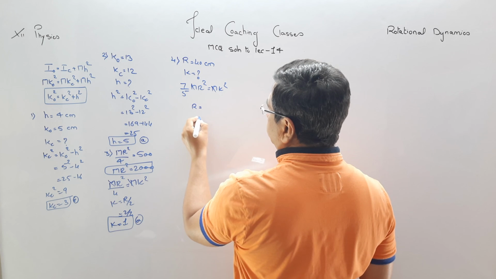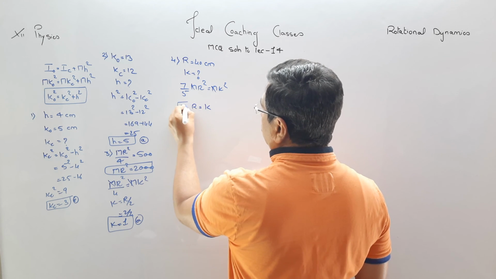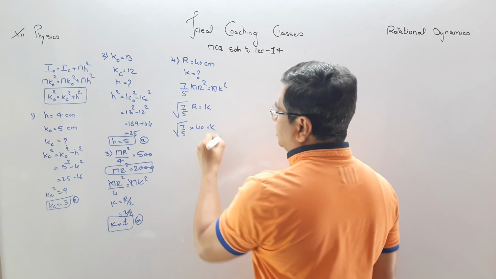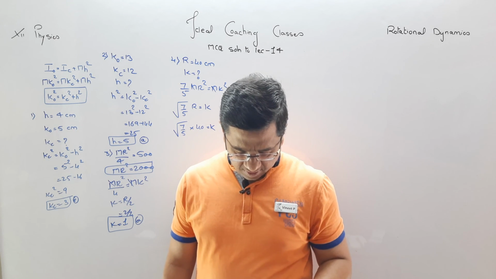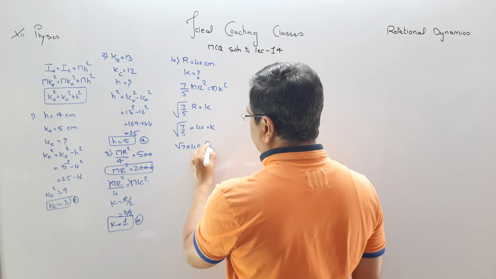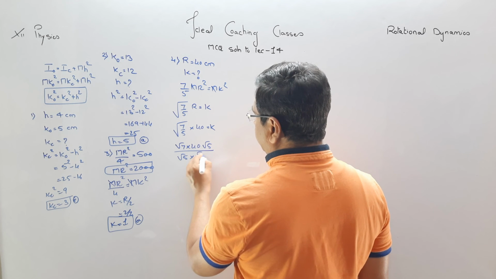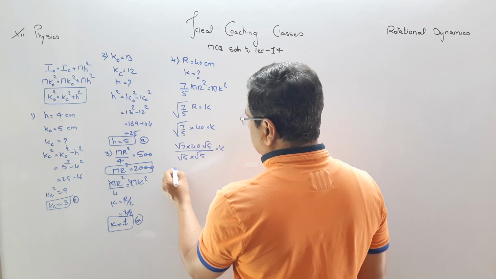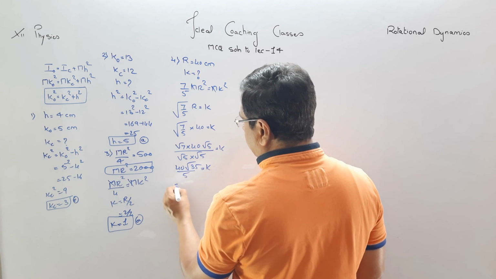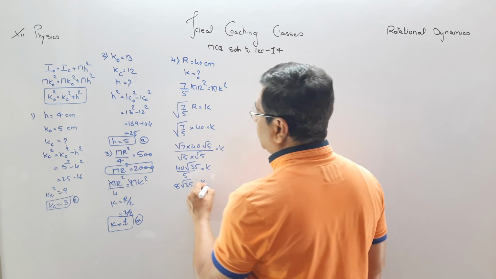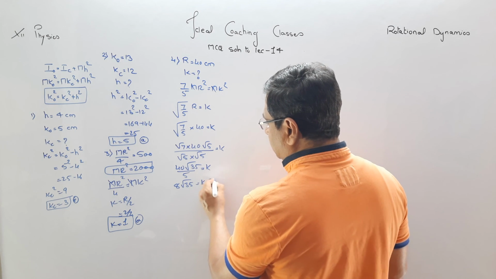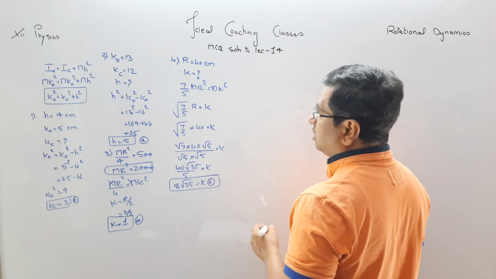K is equal to root of 7/5 into R, that is root of 7/5 into 40, that is K. इसको root 7 into 40 into root 5 upon root 5 into root 5 करेंगे, ये हो जाएगा 40 into root of 35 upon 5 is K. 8 root 35 is K. चौथे सवाल का जवाब है 8 root 35, which is C, third option.